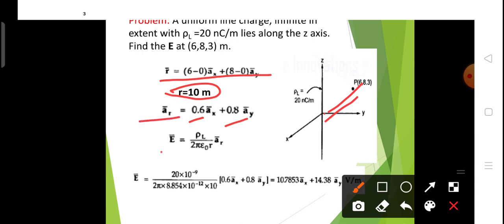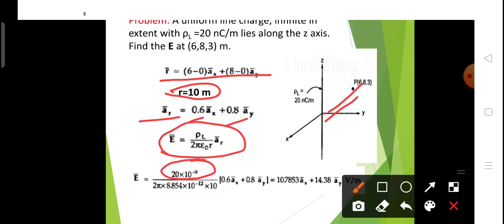We can apply the formula we derived earlier. E vector is equal to rho L by 2 pi epsilon naught R times aR. Here we know rho L, that is 20 nanocoulomb, 20 into 10 raised to minus 9. 2 pi epsilon naught is 8.854 into 10 raised to minus 12 times 2 pi. Then R value is 10.